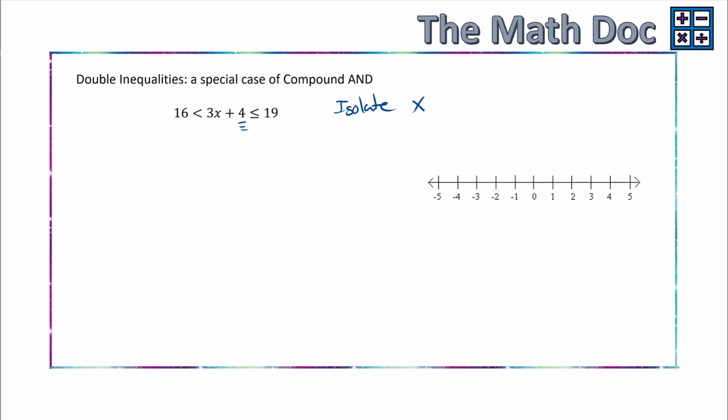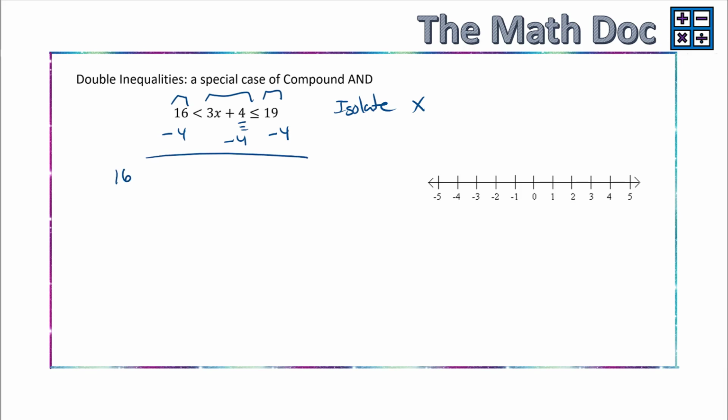Naturally, we would like to just subtract 4 from this part of the inequality, but we have to also subtract 4 from the part on the right and also the part on the left. So just like we do for a regular inequality, we will subtract the same expression from all parts of the inequality. Let's do that. So -4, -4, and -4.